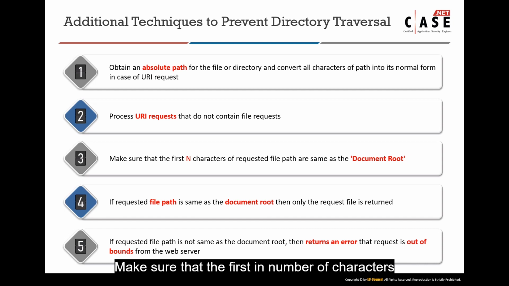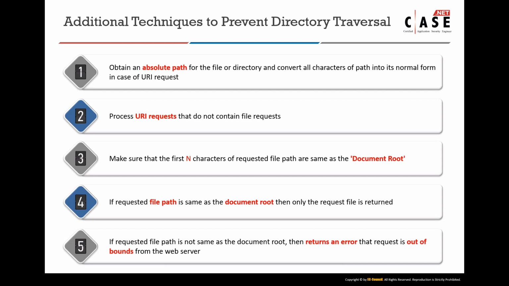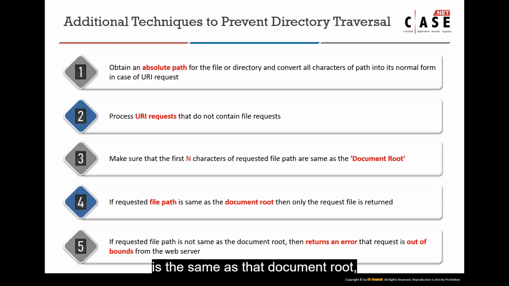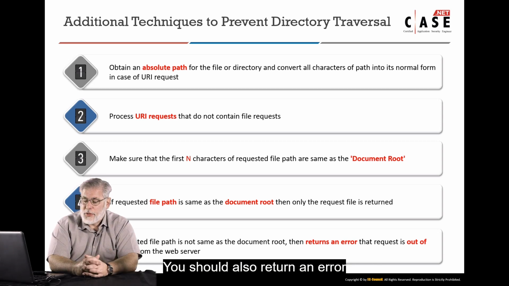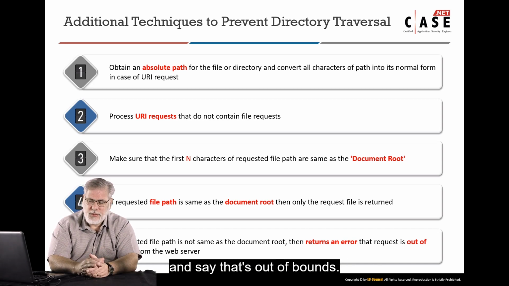Make sure that the first n number of characters are the same as the document root. In other words, make sure they're looking in the web root you want them to look in, and the first few characters don't take you anywhere else. If the requested file path is the same as that document root, only then will the file be returned. If they're trying to go anywhere else, we're just not going to honor that request. You should also return an error and say that's out of bounds.